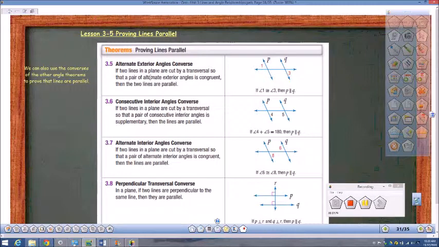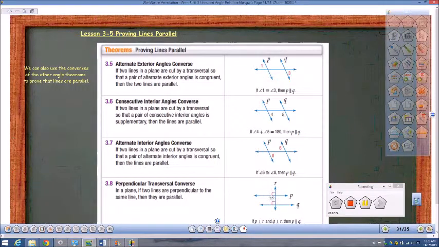Same thing with consecutive interior: if the 2 consecutive interior angles on a transversal are supplementary, then it proves that the lines are parallel. So this is that converse, that opposite. Again, if the alternate interior angles happen to be equal, then it proves that the lines are parallel. And same thing with the perpendicular transversal converse.